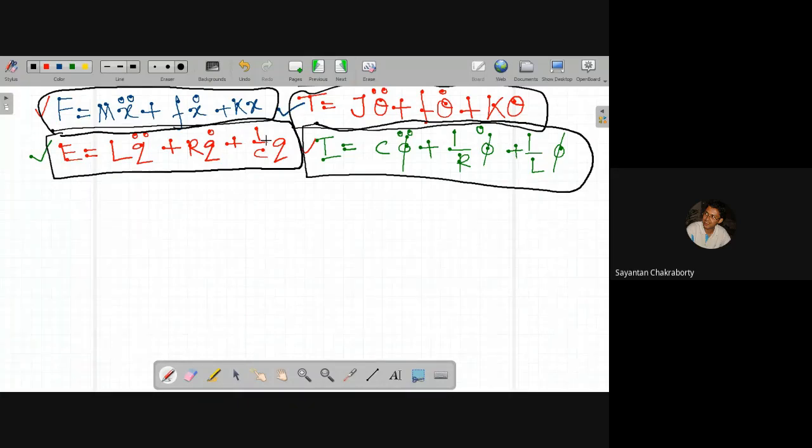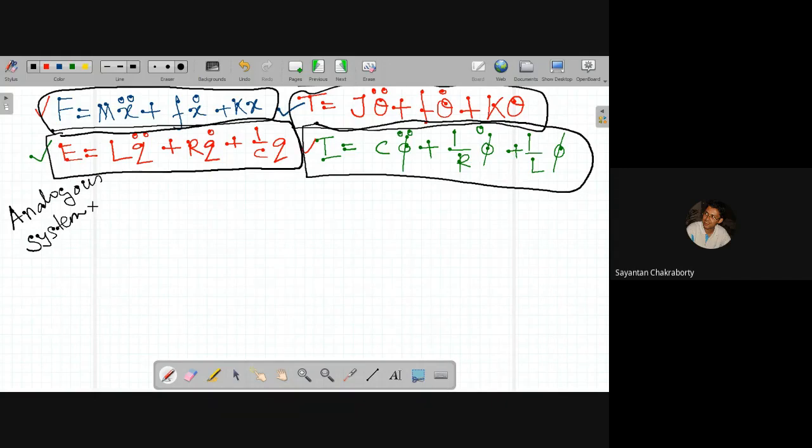That's why this sort of systems are called analogous systems. The concept of analogous systems is that a group of systems for which the dynamics can be described by a unique, only one, differential equation. Then the group of systems will be called analogous systems.